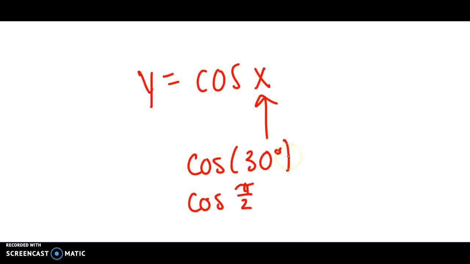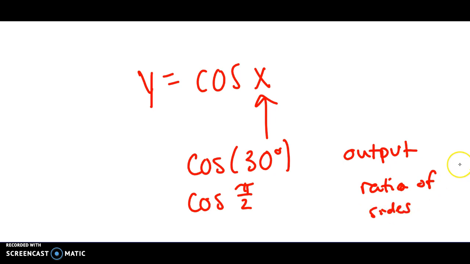I know that those are different, but our inputs here were angles, whether in radians or degrees. And what was our output? Our output was the ratio of sides of the triangle. Think about when we drew the triangle, then you had to determine opposite over hypotenuse or whatever it happens to be.